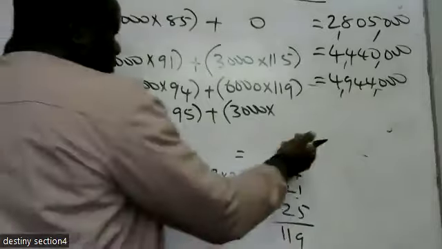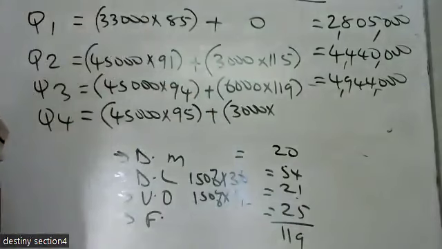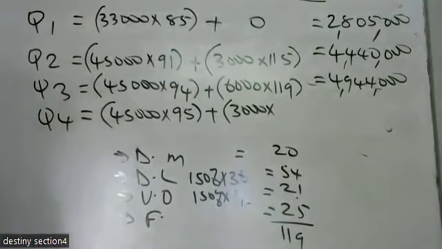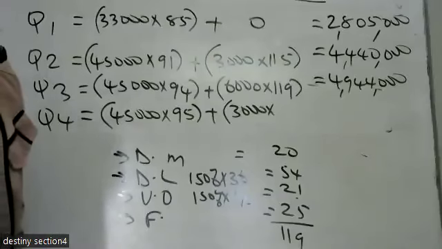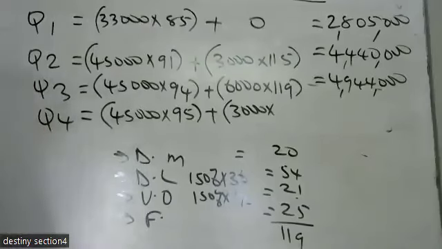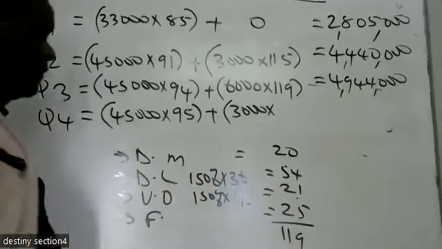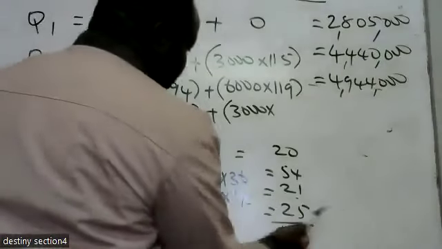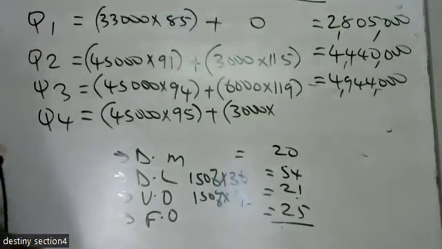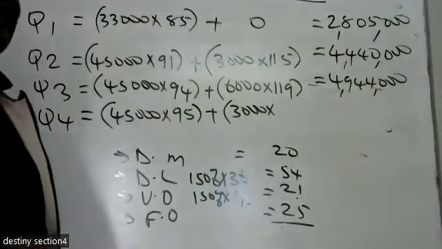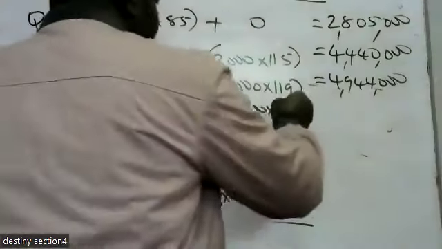So material has gone to 20. Direct labor is still 36, so it will just remain 54. Then also variable overhead is 14, so it will just be 21. Then fixed overhead will now remain 25, so that we get the value. 120.